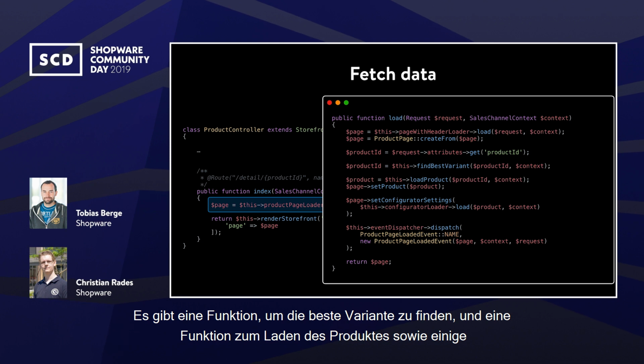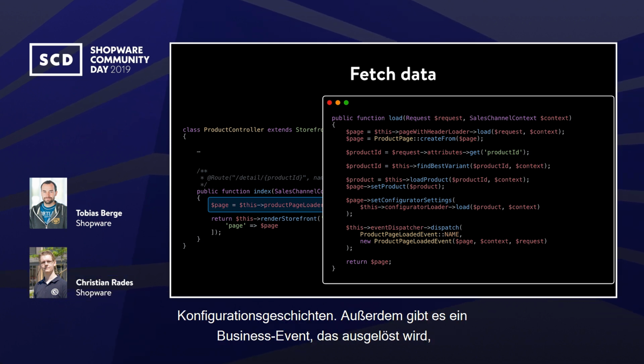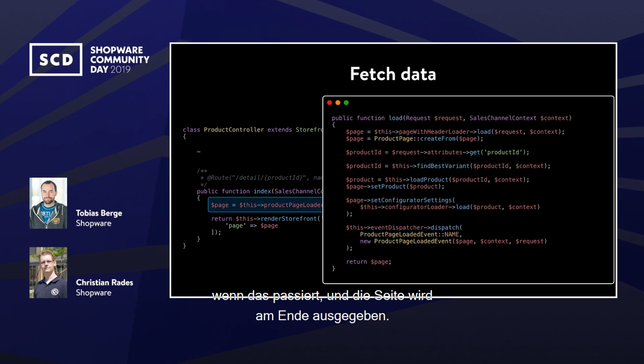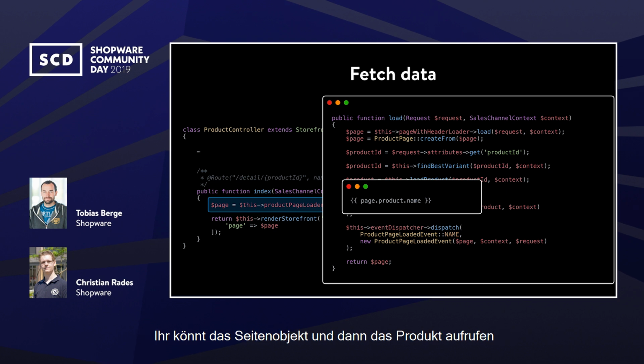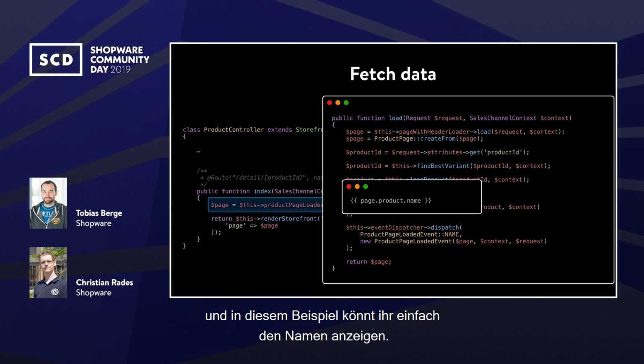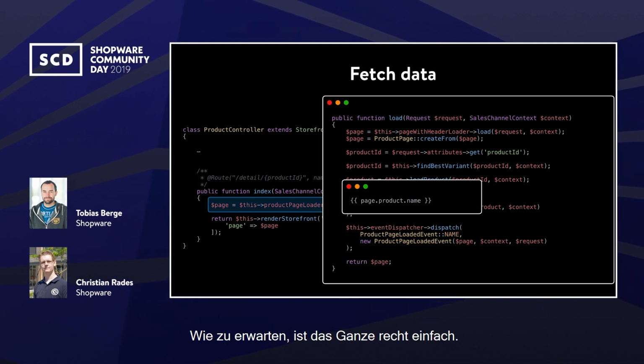There is a function to find the best variant for it, and there's a product load function, and there's some configuration stuff going on, and there's also a business event which gets thrown when this is happening, and the page gets returned in the end. And you can simply access this by Twig inside this dot notation, and you can access the page object and then the product, and in this example you can just display the name. So it is no surprise, quite straightforward.